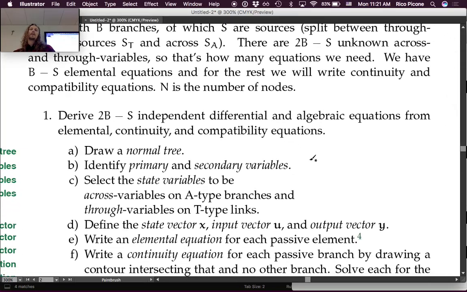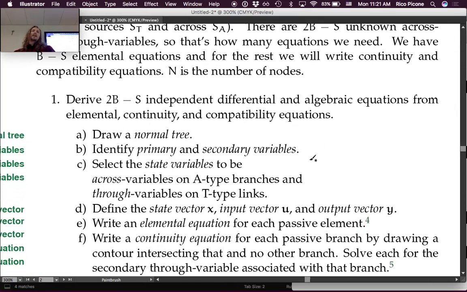So here we go. The book has its own procedure list. Mine's a little different. They're equivalent, so if you like the version in the book, that's fine, you can use that version. I think that this version is a little bit easier.